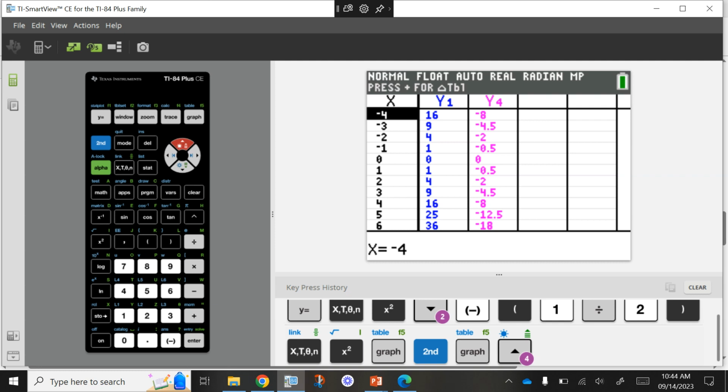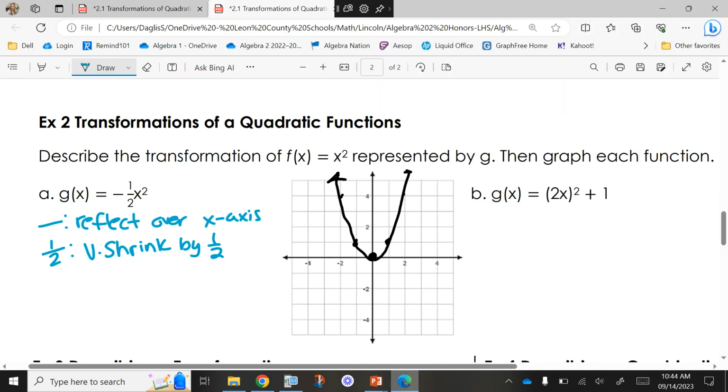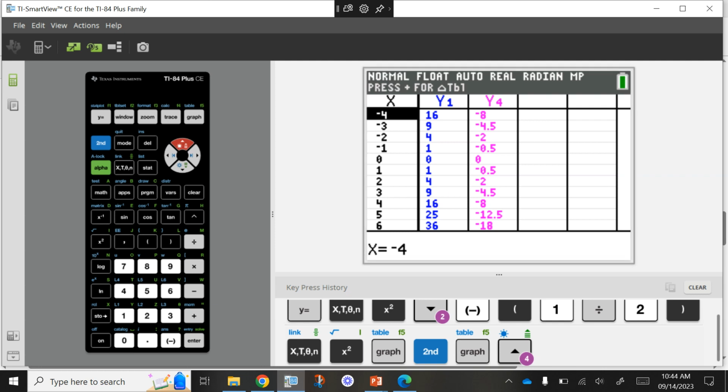So what is that? -2, -2 was a point. -1 and -0.5. 0, 0 is still my vertex. 1.5, 2, -2. I think 3 and like 4.5 was a point. Is that right? 3, -4.5.